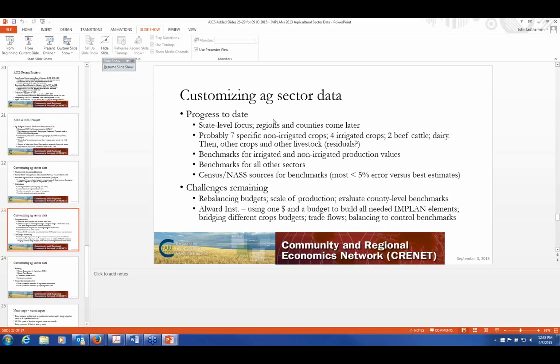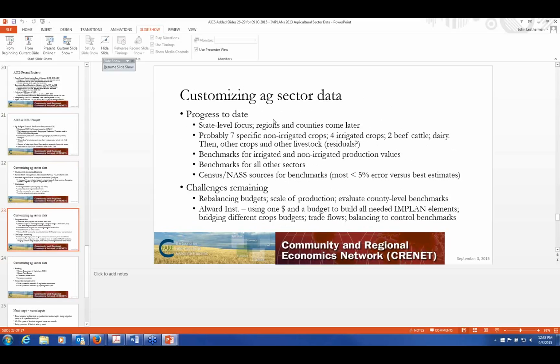And indeed, I find that most of those benchmarks are pretty good, and I feel on behalf of the Allward Institute greater levels of confidence then that they can use those benchmarks confidently with a minimum of error.